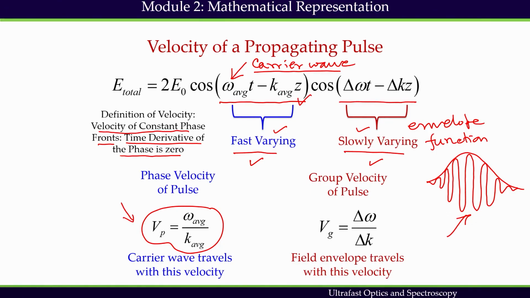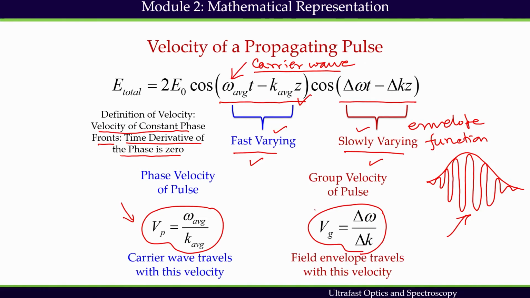Thus, the average or resultant frequency component of a pulse travels at phase velocity. The field envelope of a pulse, on the other hand, travels with group velocity, which is defined by Vg, and Vg equals delta omega by delta k.